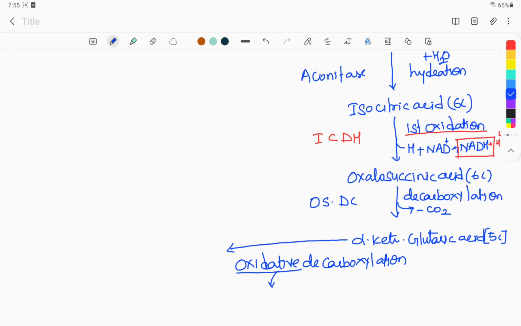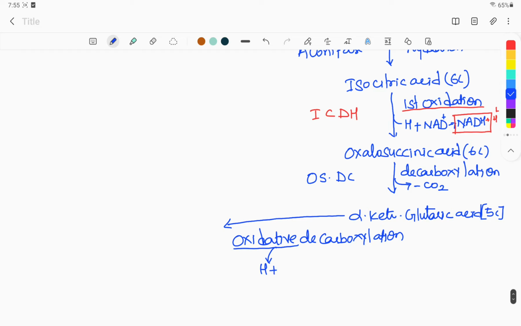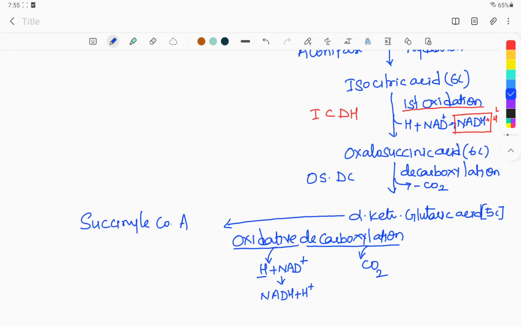This hydrogen is accepted again by NAD plus to convert to NADH plus H plus, and decarboxylation is loss of carbon dioxide. So after losing this hydrogen and carbon dioxide, the thing that is formed is succinyl CoA, that is succinyl coenzyme A.